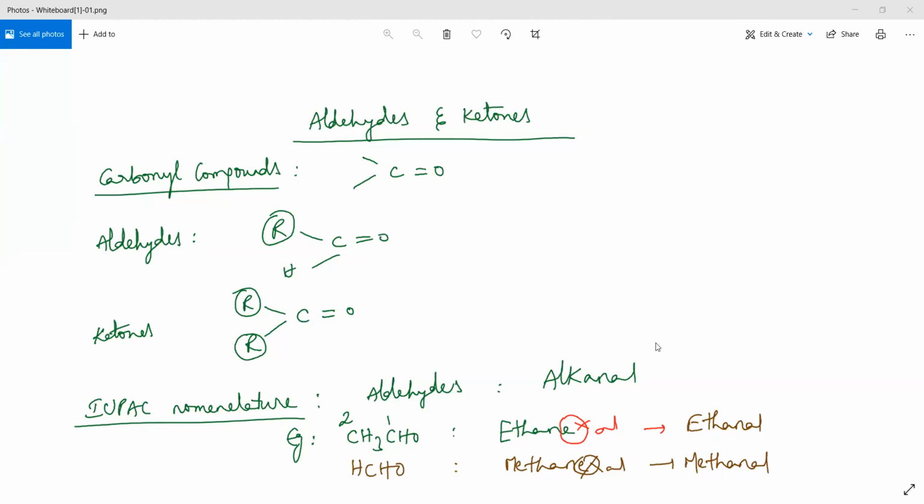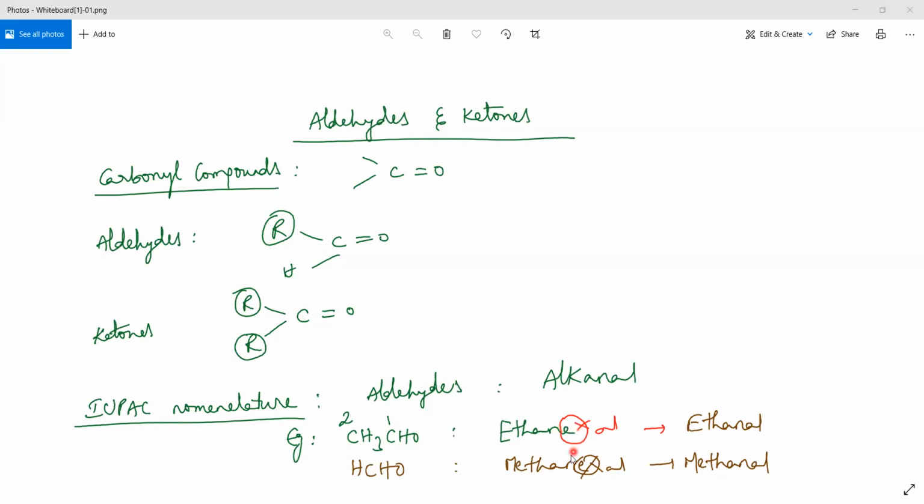Then IUPAC nomenclature. Aldehydes are called alkanals. Identify the parent alkane. There you can see CH3CHO. This is CH3CH. How many carbons? 2 carbons. 2 carbons means ethane.